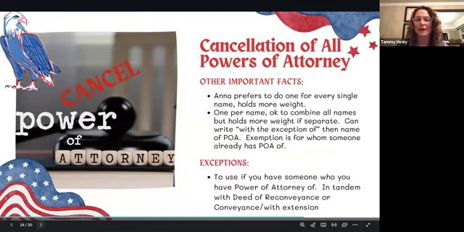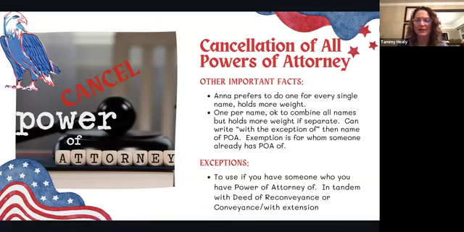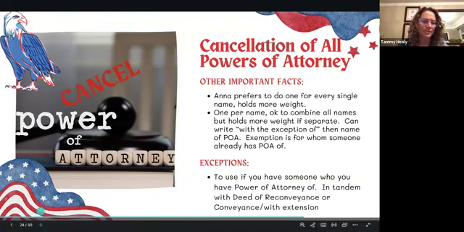You can combine all names, but it holds more weight if it is separate. You can write with exception of, then name the power of attorney. So if you do indeed have a power of attorney, this is where you would put it in, to use in tandem with deed of reconveyance with extension.